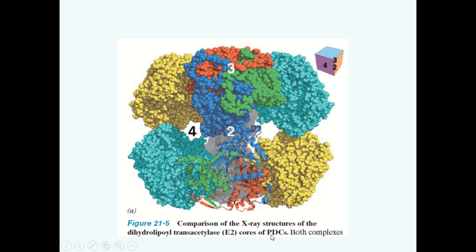So pyruvate dehydrogenase complex is also a multi-subunit complex. So many proteins and enzymes, they fold or pack into these large ordered structures. So with this, we come to an end to this topic about the structural organization of proteins.